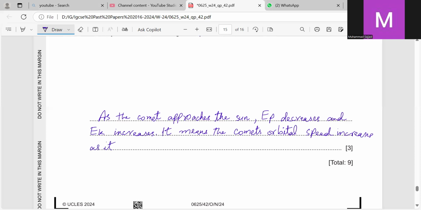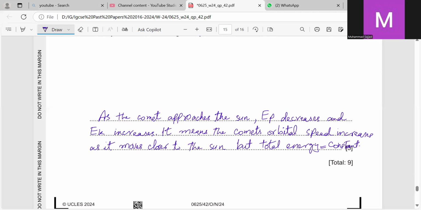as it moves closer to the sun, but total energy remains constant. Total energy remains what?